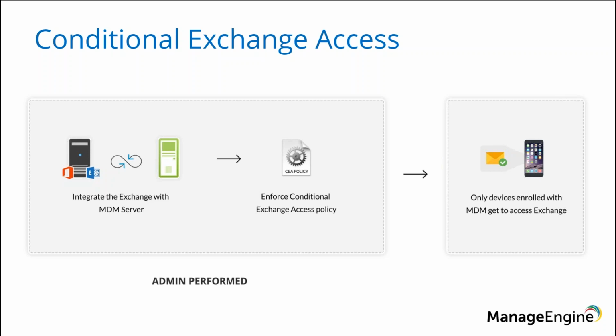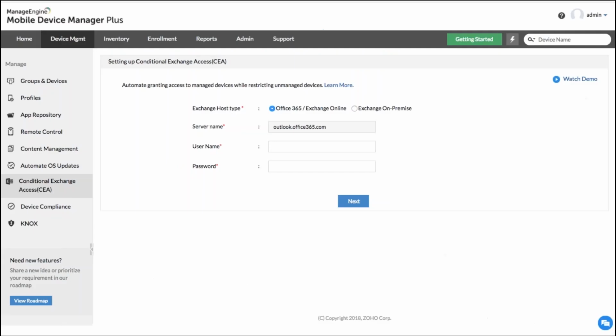So there are two prerequisites over here. One, the devices have to be enrolled with the MDM. Two, the email profile or the email payload has to be distributed through the MDM solution. Only if these two prerequisites are met would we allow the mobile device to have access to your Exchange server itself. So let's see how we can do that.